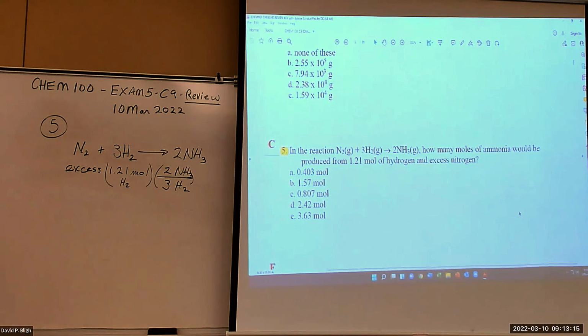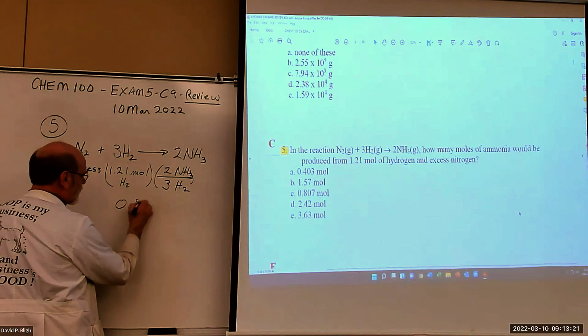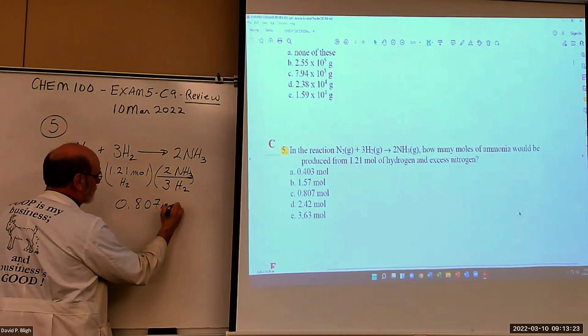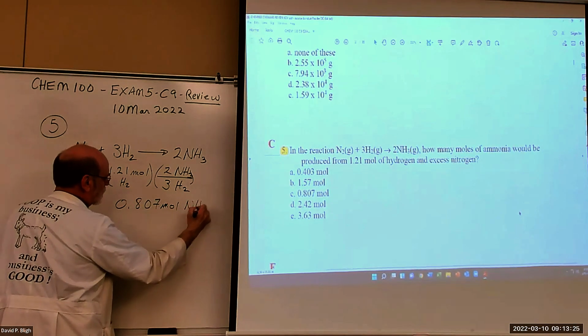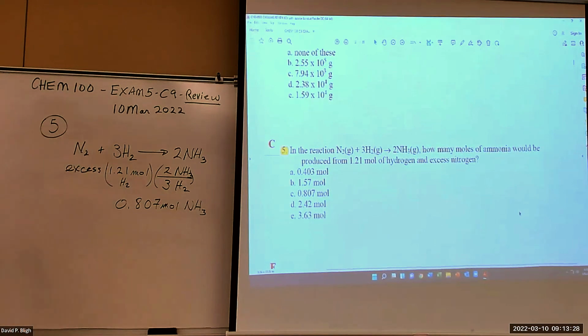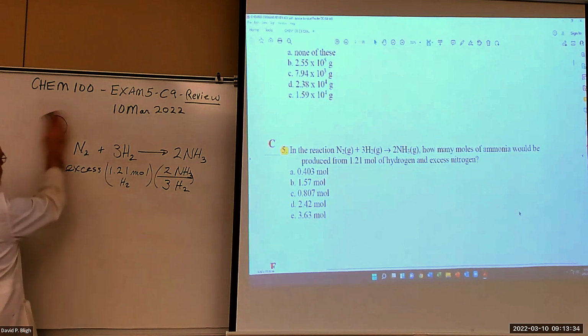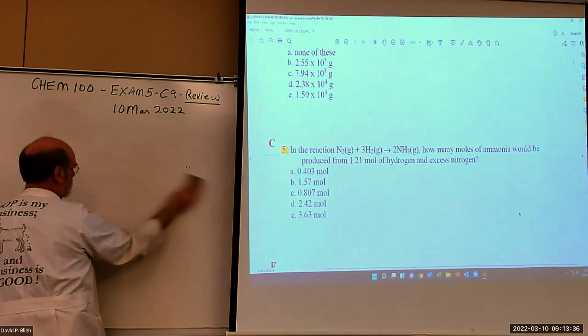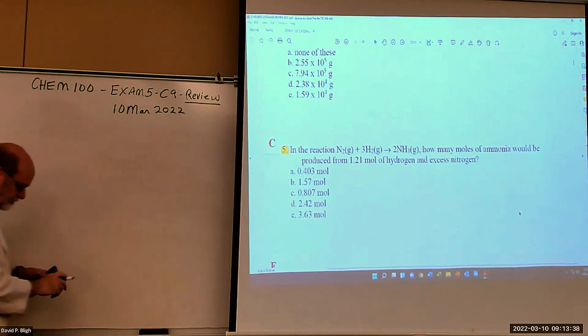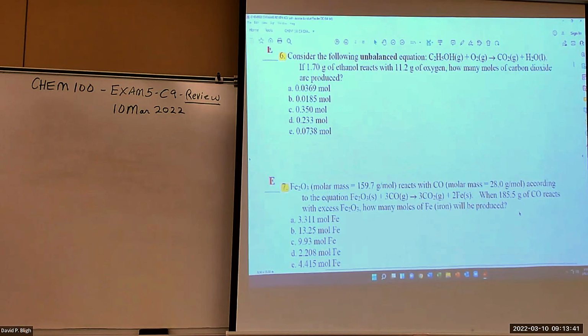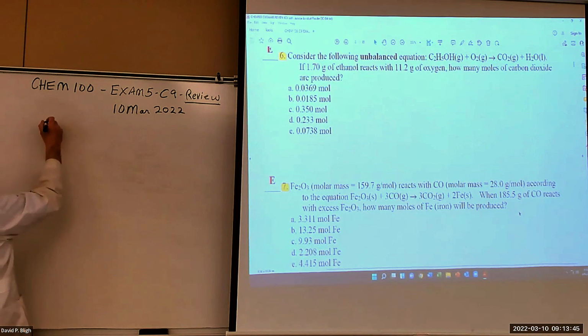So what does that leave us? 0.807. 0.807 moles of ammonia. Okay, that's number 5. Let's see. 6 and 7, we got them both on the same page.